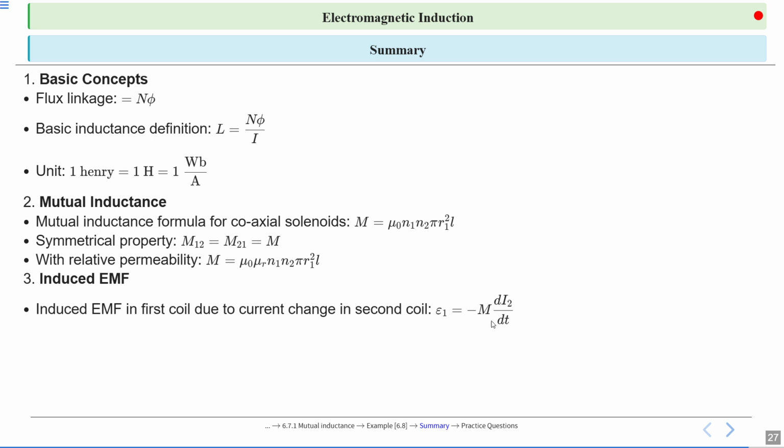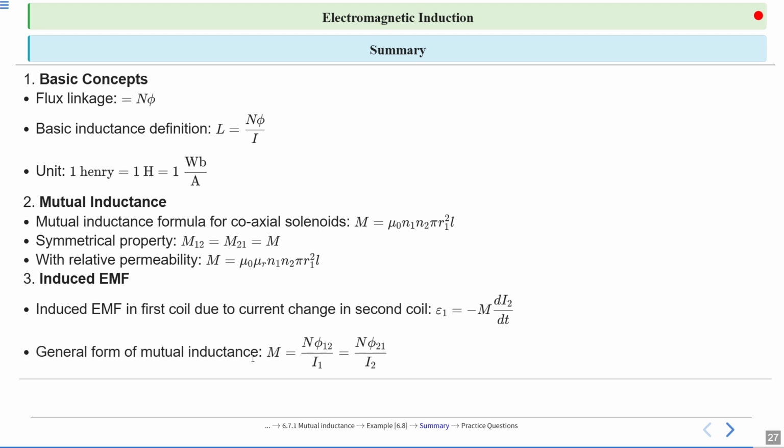The general form of mutual inductance: M is equal to N phi 12 upon I1 equal to N phi 21 upon I2. This is the general term. As in the second bullet point, L is equal to N phi upon I. So M will be, for M12, N phi 12 upon I1, and for M21, N phi 21 upon I2.